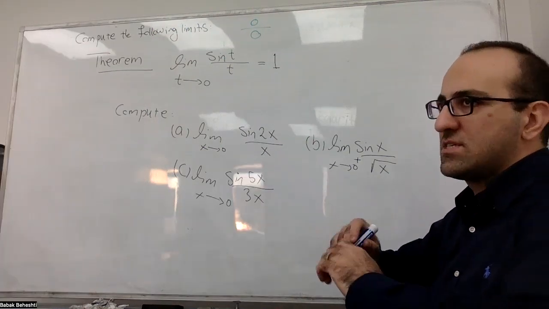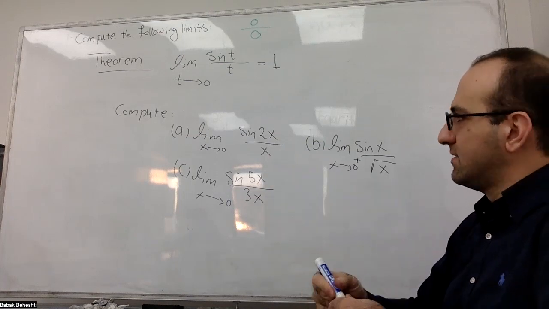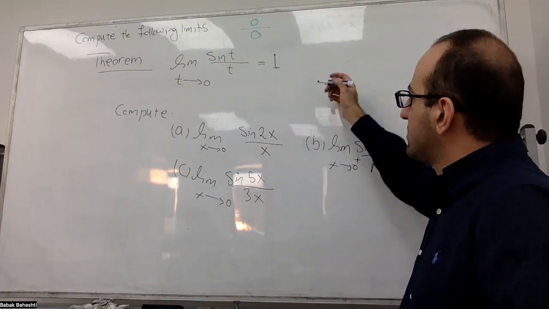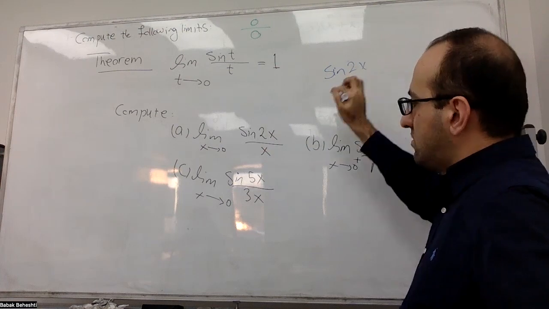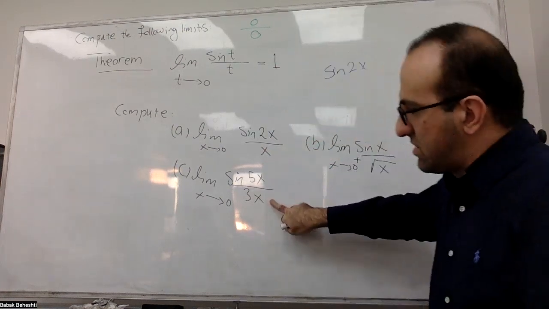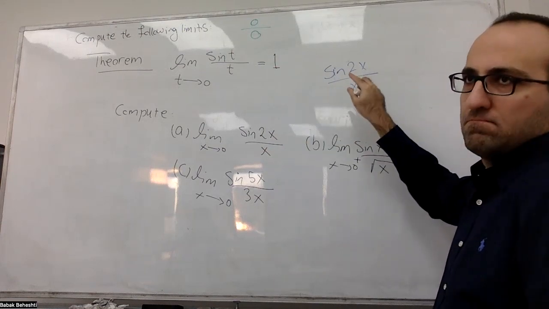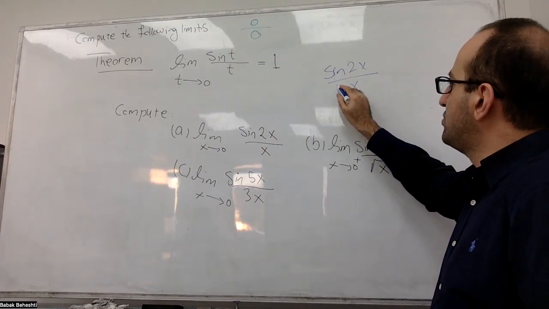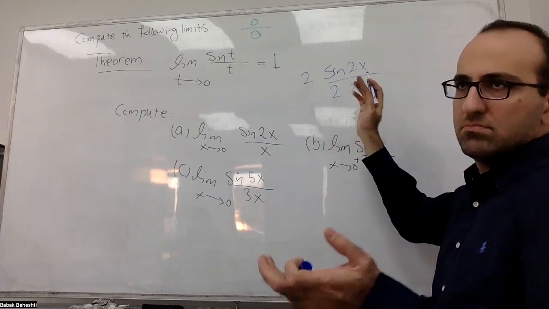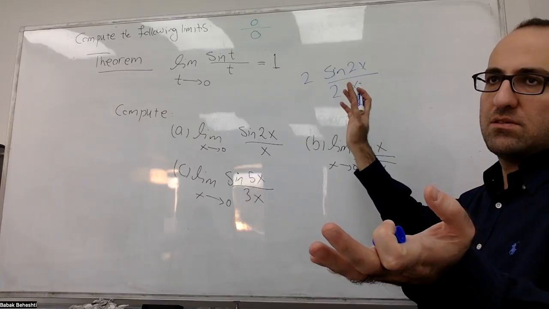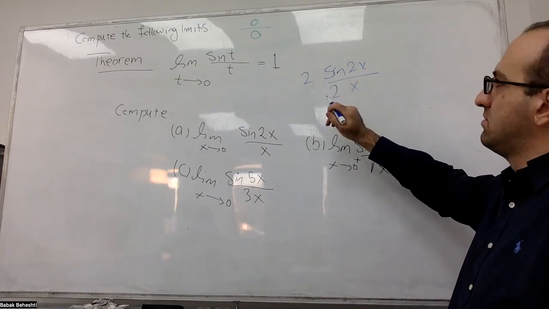So some hint for this guy, sine of 2x over x. This is exactly similar to sine 5x over 3x. For sine 2x over x, if you multiply the top and bottom by 2, it doesn't change anything, right? You just multiply the denominator and numerator by the same number.